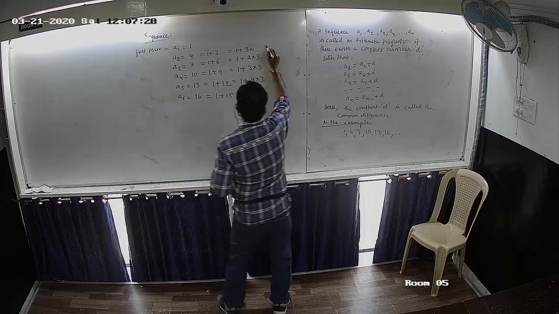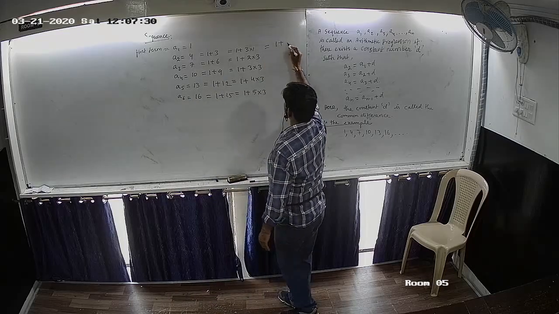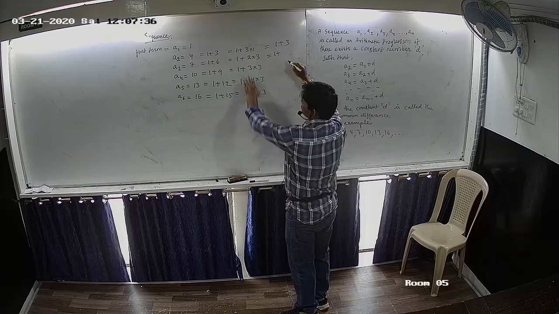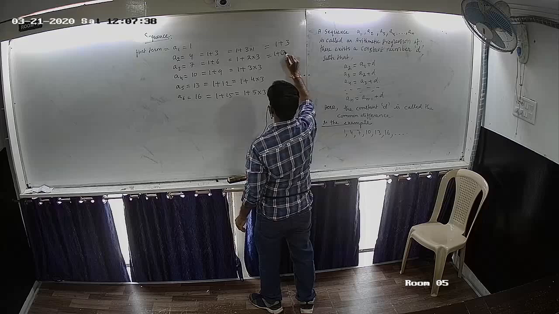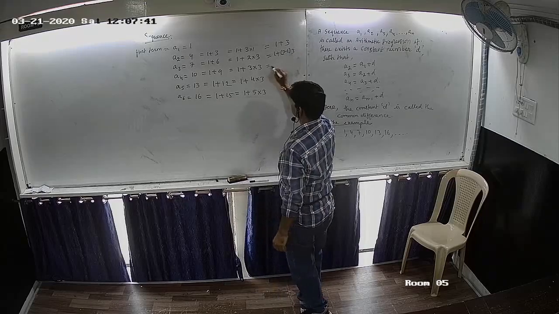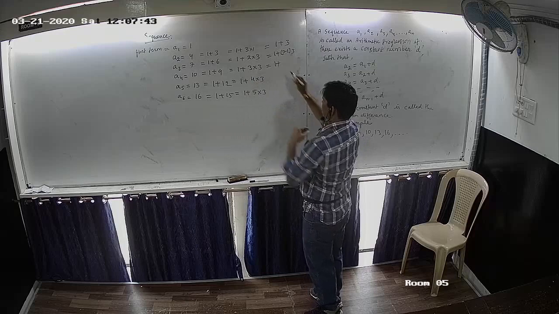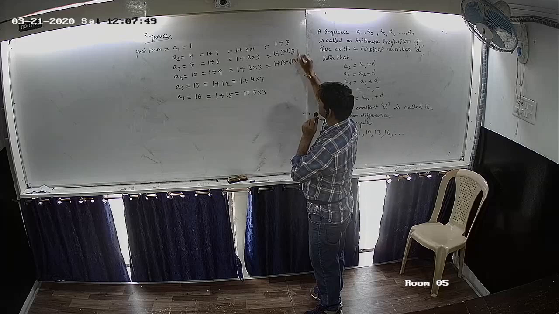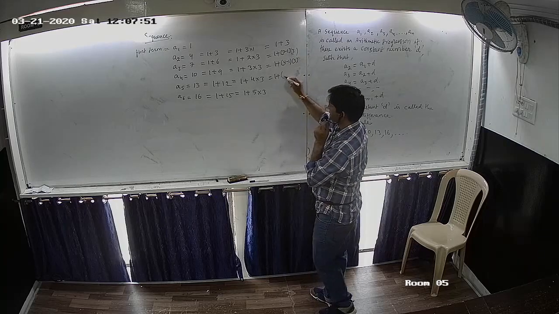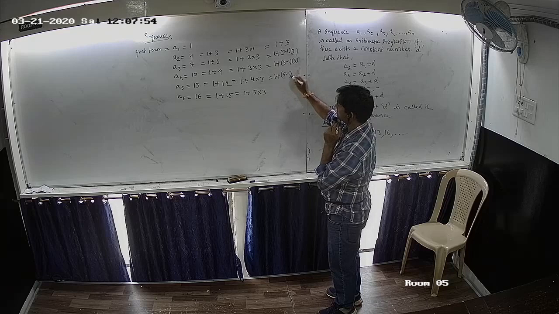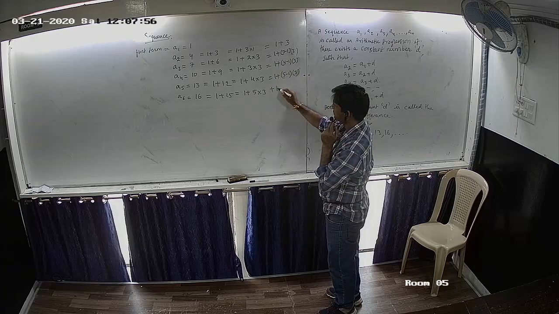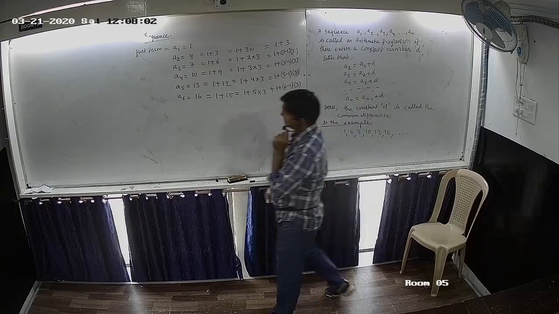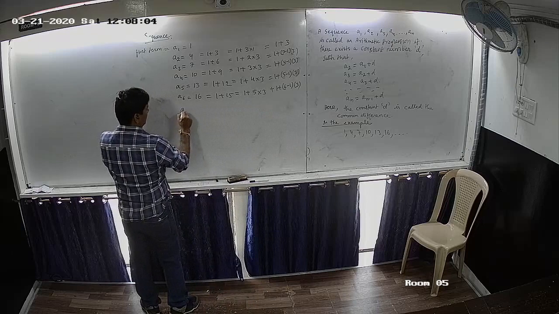This further, you can write in terms of the term number: 1 plus 2 minus 1 into 3, 1 plus 3 minus 1 into 3, 1 plus 4 minus 1 into 3, 1 plus 5 minus 1 into 3, 1 plus 6 minus 1 into 3, and so on. Like that you can go for An.